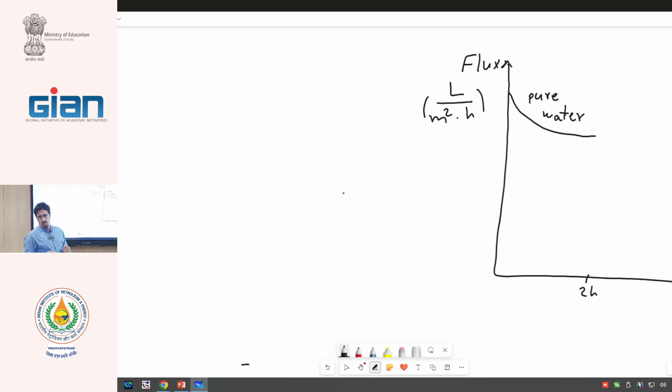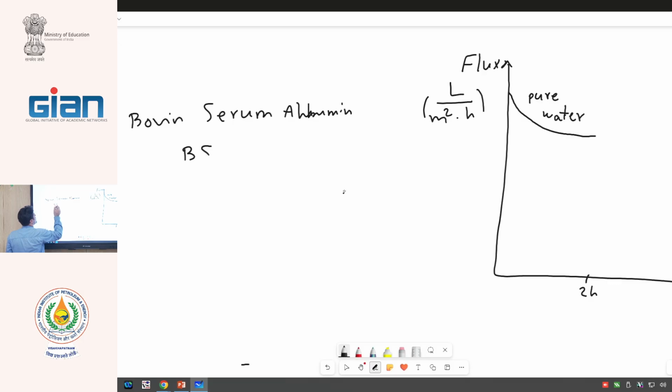The standard solution is bovine serum albumin, a protein from cow, BSA. In most cases, for comparing our results with the literature, we must use BSA with this concentration.